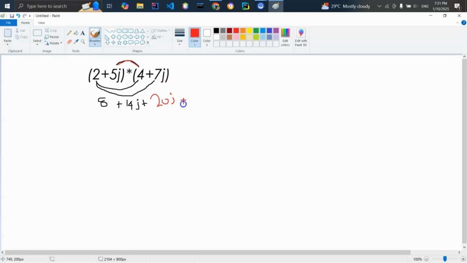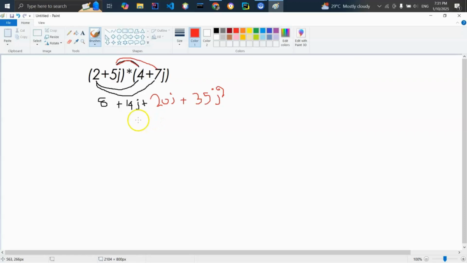After that you should multiply last numbers, 35 j squared. j squared is equal to minus 1.